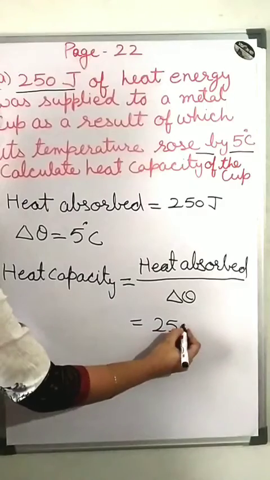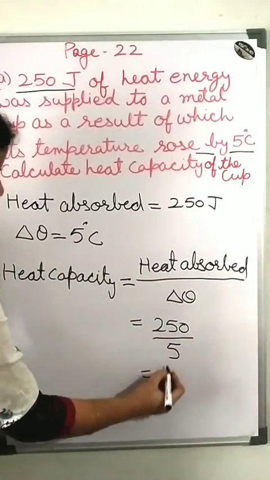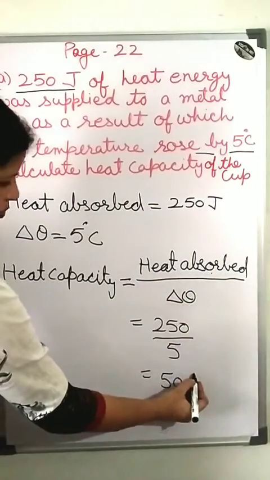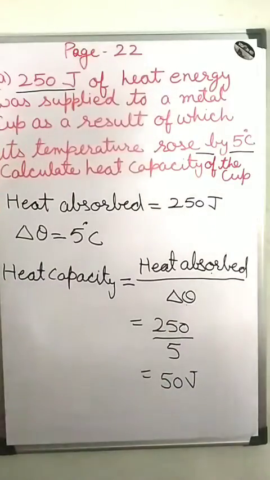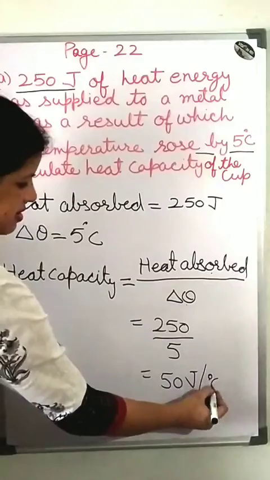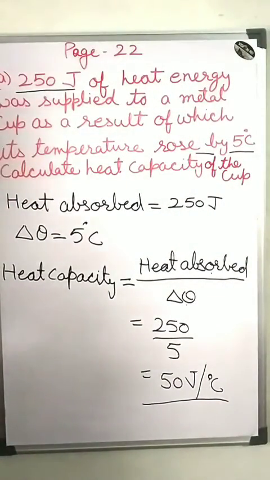Here you write 250 upon 5. So this is equal to 5 5s, and here this is 50. Now it is in joule and this was in degree Celsius, so here we write degree Celsius. So the answer is 50 joule per degree Celsius.